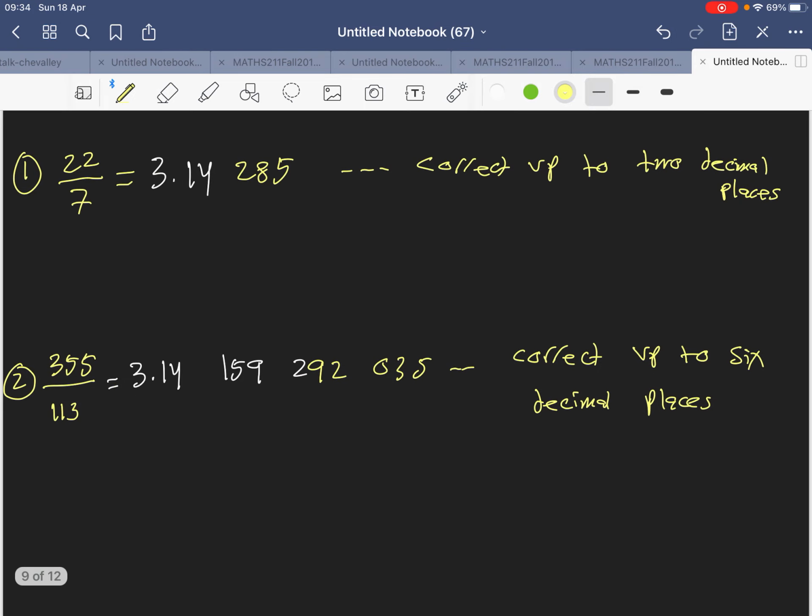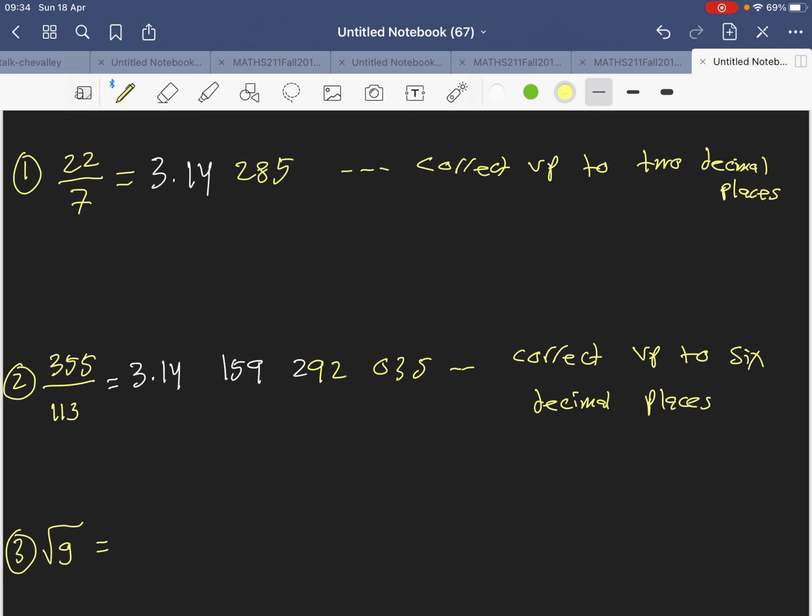Okay. Some other people tried to approximate pi by taking the square root of the gravity of the Earth. There is a formula in physics where it links pi with the gravity, and they used this formula in order to approximate pi by taking the square root of the gravity.